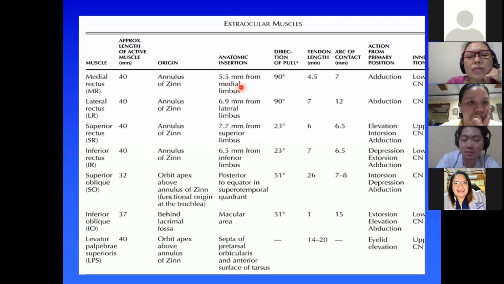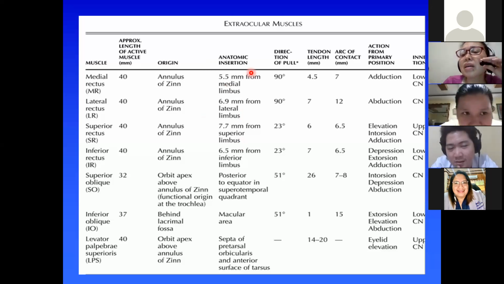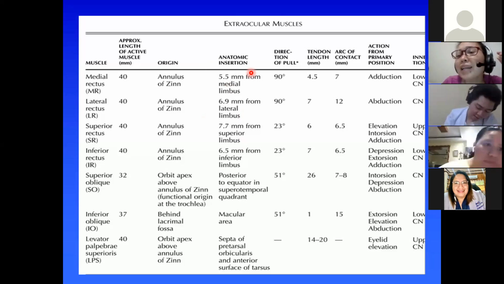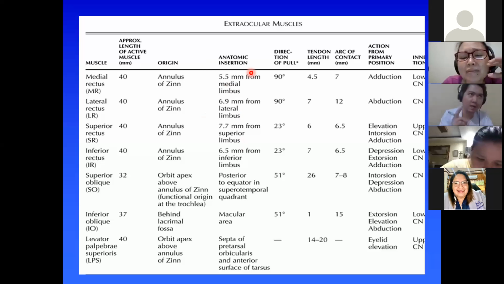That's your spiral of Tillaux. The spiral of Tillaux. Okay?